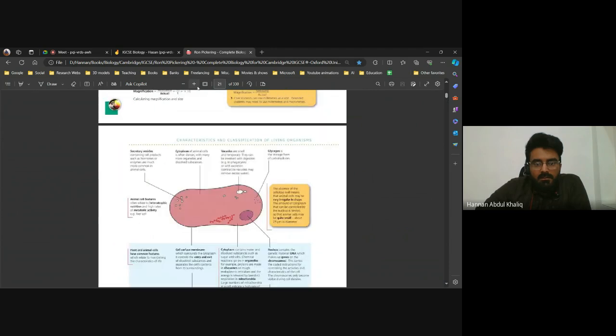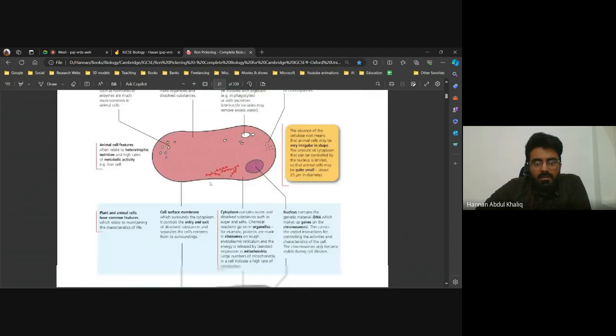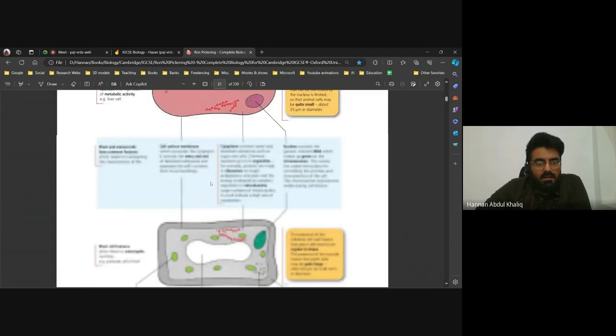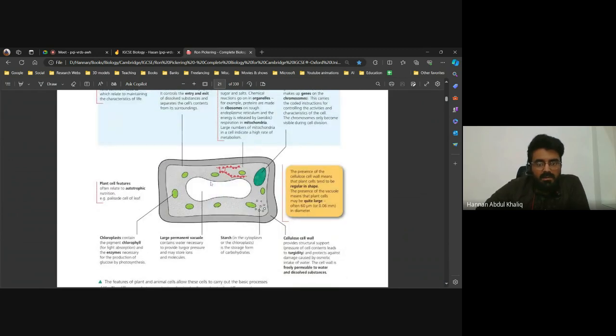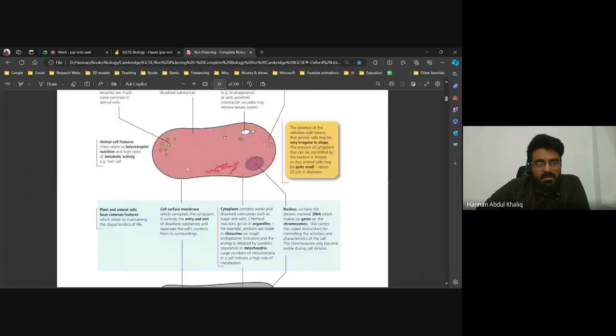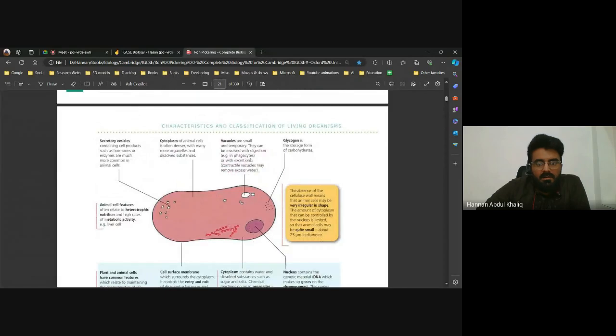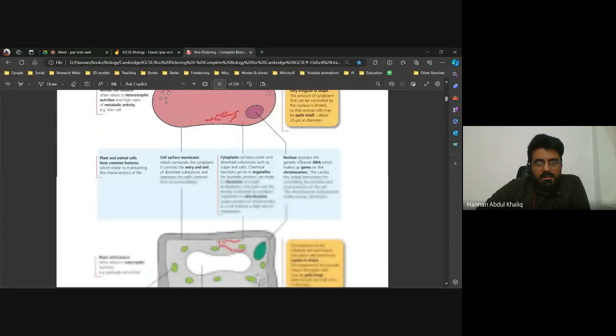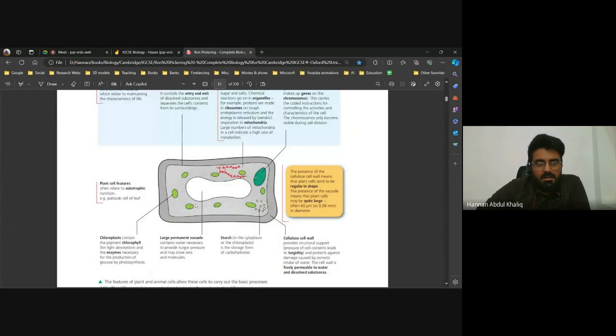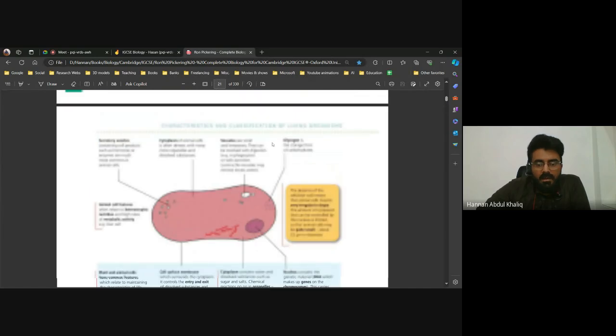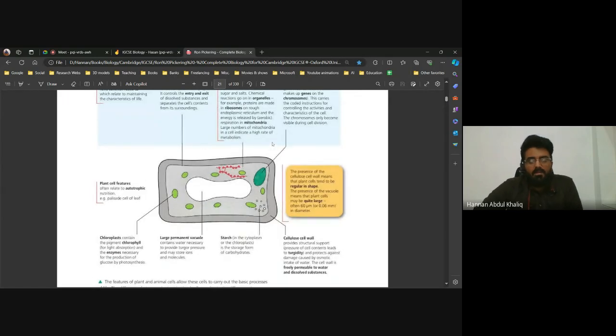I told you there are some common things between the animal and plant cells, but you can see over here that they are mentioning those common things here. The different things compared to plant cells are mentioned above, and the plants possess different things compared to animal cells, which are mentioned below.